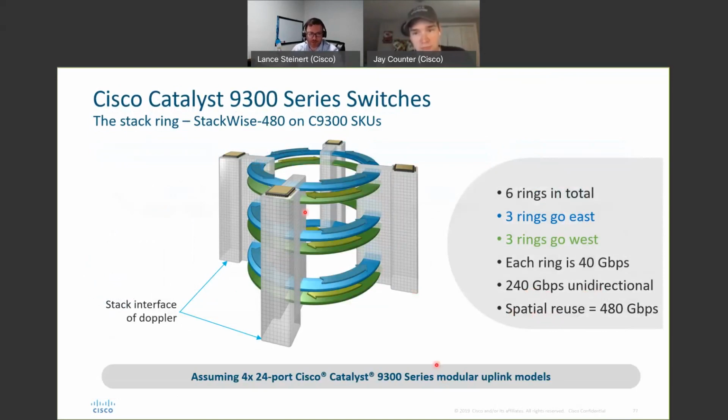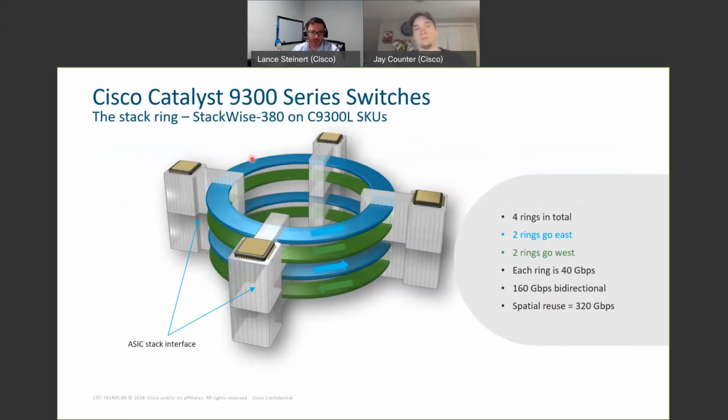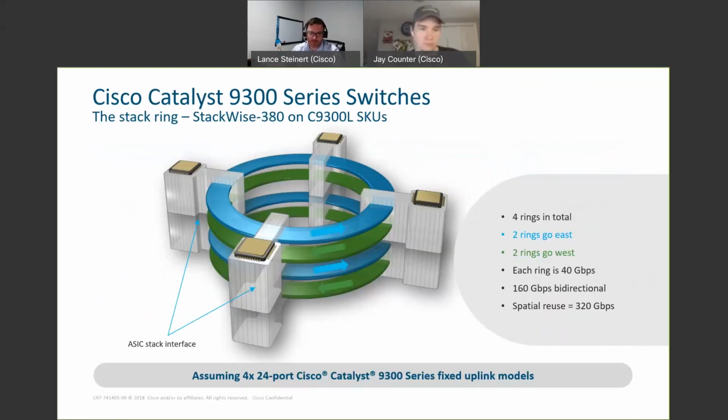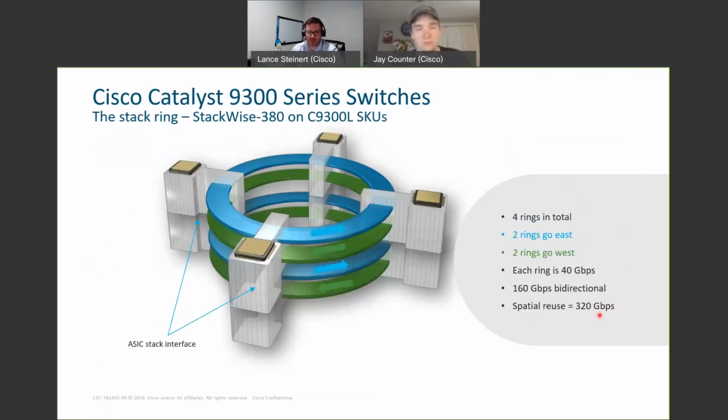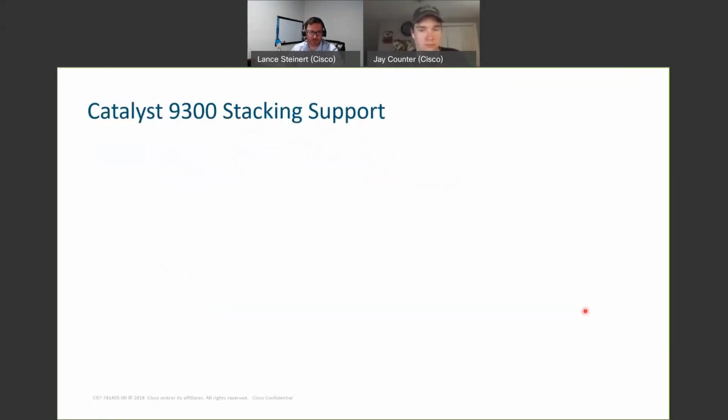So on the modular ones, you get the higher throughput because, of course, if you're using the modular, you can get all the way up to the 40 gigs or the 1125s to handle what's being required. When you go with the fixed, we do drop down to 160 and 320. So just a little bit of a difference: with modular we get the 240, 480, and with the fixed, 160 to 320.